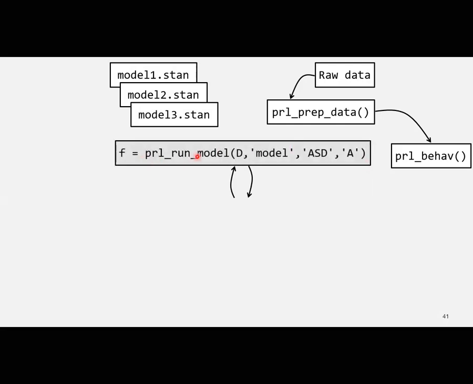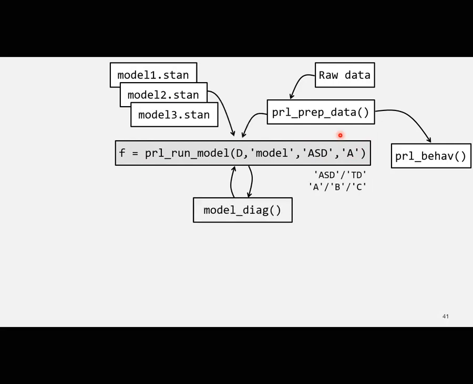There is a main function where I say I want to fit this model to the data, and I also tell my function that I want to fit the ASD patients, adolescents or adults, I think.